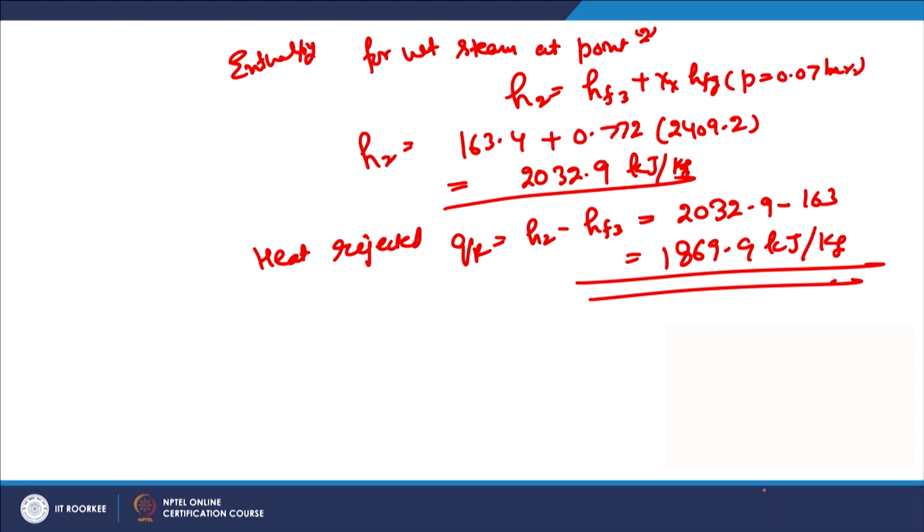So, the heat rejected QR is equal to 1869.9 kilojoule per kilogram.